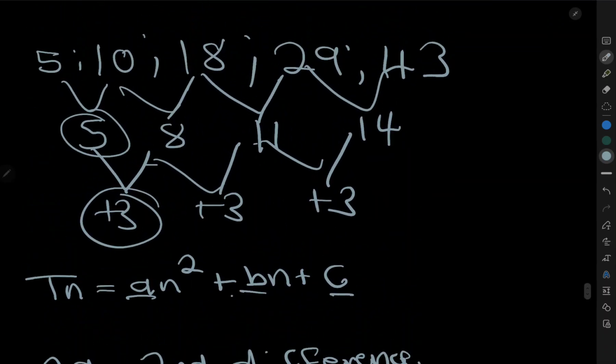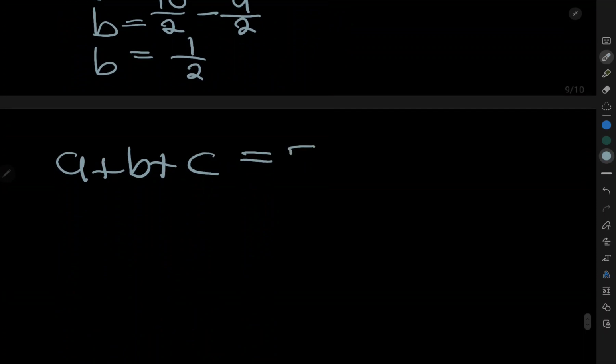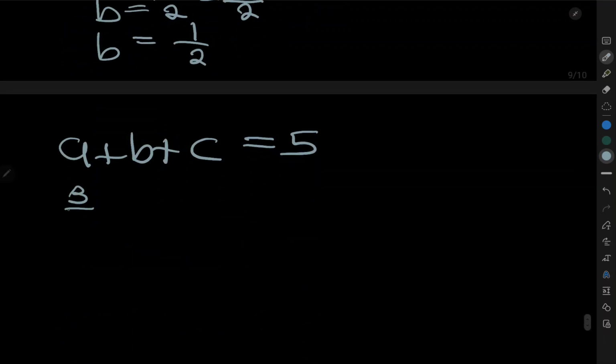So to determine c, we just need to say a plus b plus c equals the first term. And if we go back to see what the first term was, it was also 5. We're just going to substitute 5 there. And we know that a is 3 over 2, b is half, and we're trying to find the value of c.